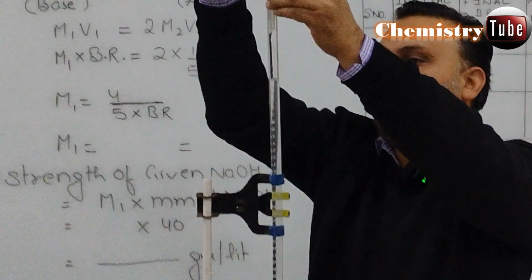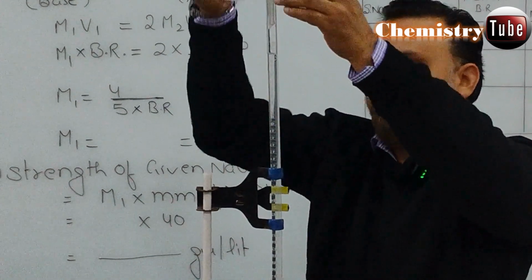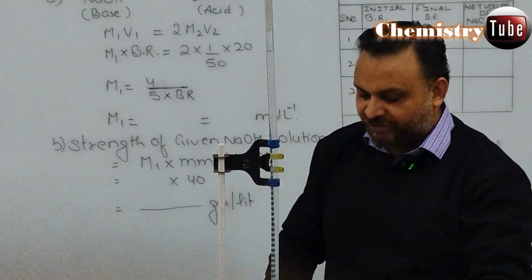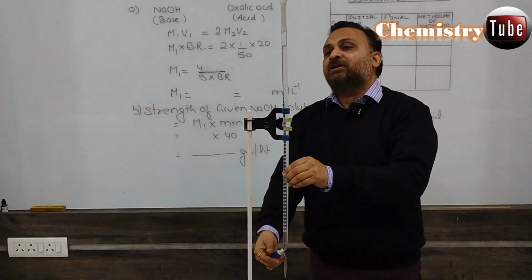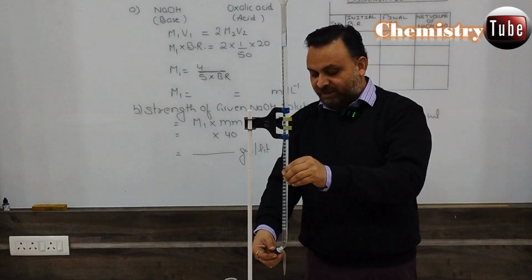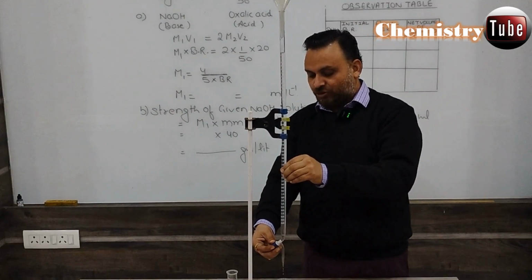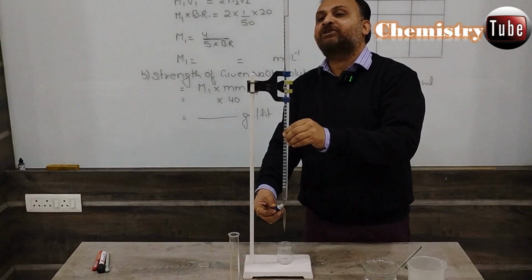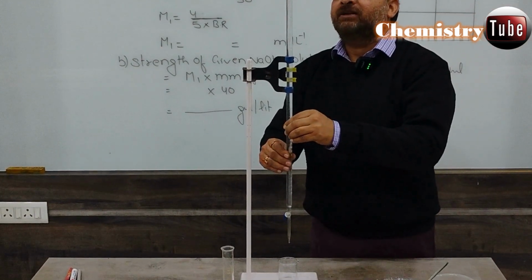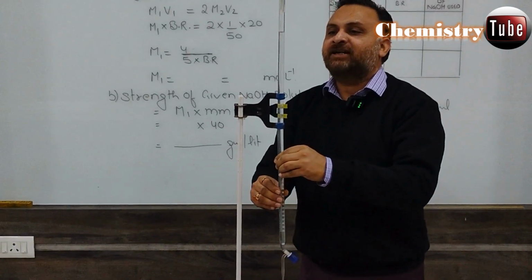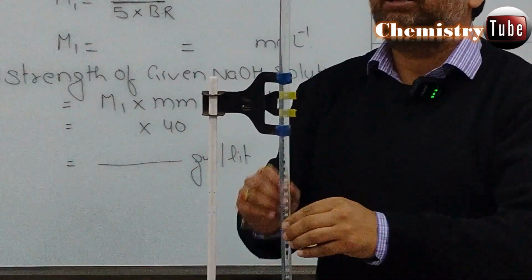Once it is filled up to the 0 level mark, we will observe that it has got 50 ml of NaOH solution in it. Now I can see that the level is above 0, so I will eliminate some of the NaOH from this burette. Now we will zoom in and see that this burette is filled up to the 0 level mark.